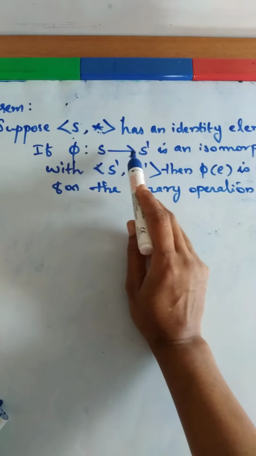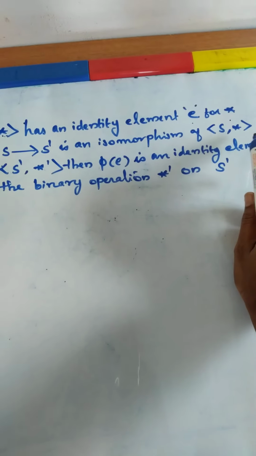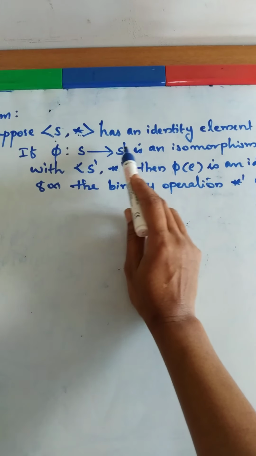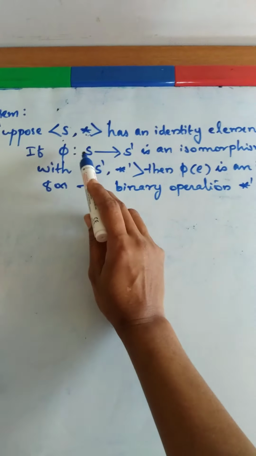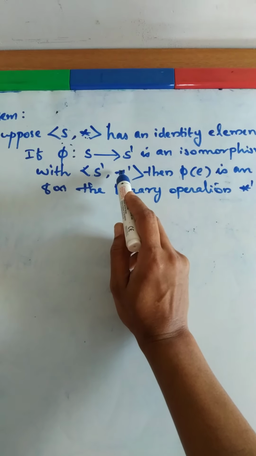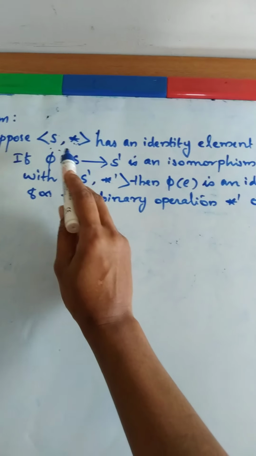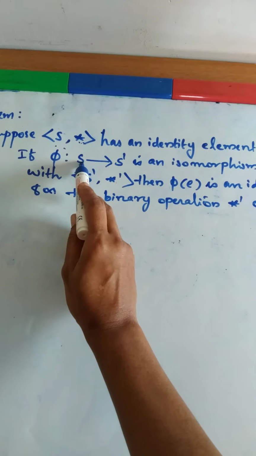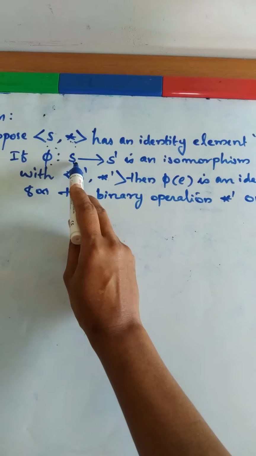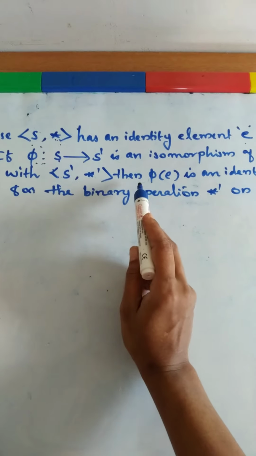If phi from S to S dash is an isomorphism of S star with S dash star dash, that means these two algebraic structures are isomorphic. Then what will happen? If E is the identity element in this set with respect to star, and phi is an isomorphism from S to S dash, this isomorphism carries the identity element.